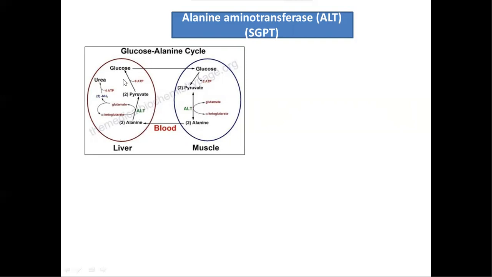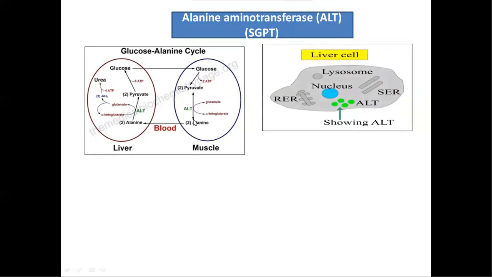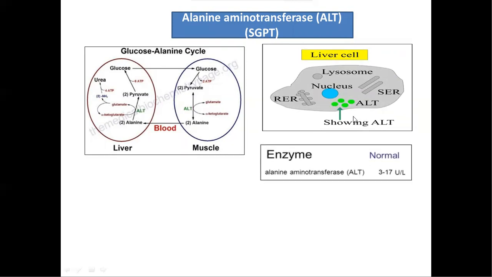So it is mainly useful in the synthesis of glucose and glucose metabolic reactions. ALT is very predominant in liver cells, and it is also present in heart, muscle and kidney cells. The normal concentration of ALT is 3 to 17 units per liter.